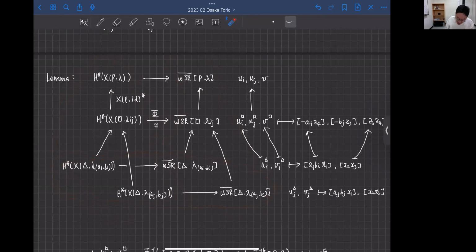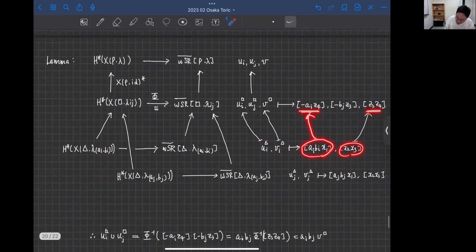And then our lemma shows that if you have this cellular basis at the level of this triangle example, then remember we know this part, right? And this lemma claims that this edge basis element goes to this element and this element.